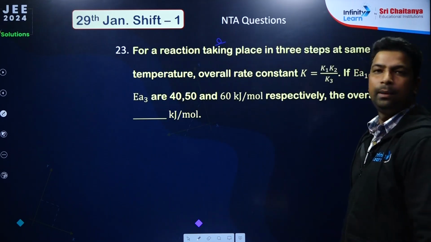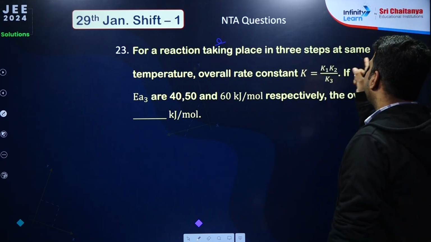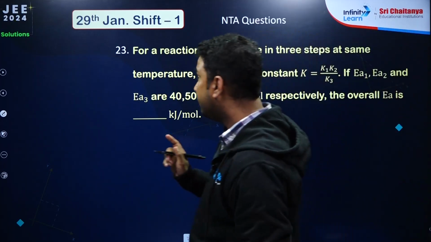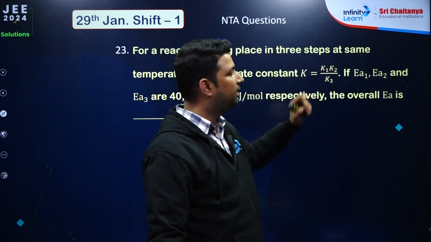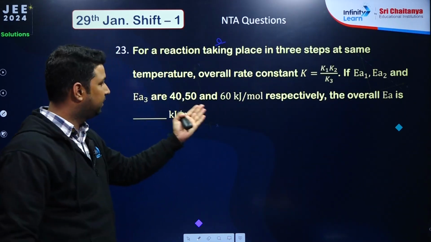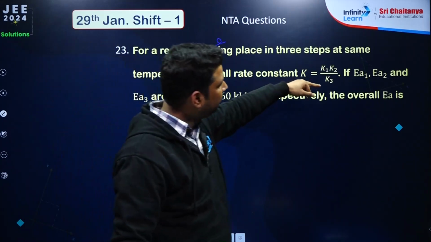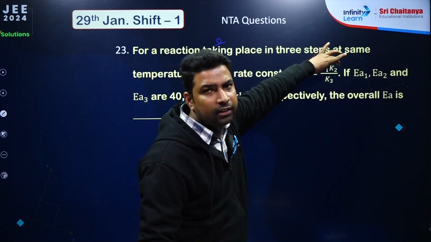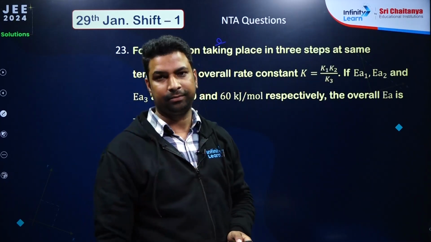So come to the next question. For a reaction taking place in 3 steps at the same temperature, the temperature is constant, the overall rate constant is K equal to K1 K2 by K3. If Ea1, Ea2 and Ea3 are these, what will be the overall? Simple. Those present in the numerator, just add them, and subtract the denominator, that is the correct answer.